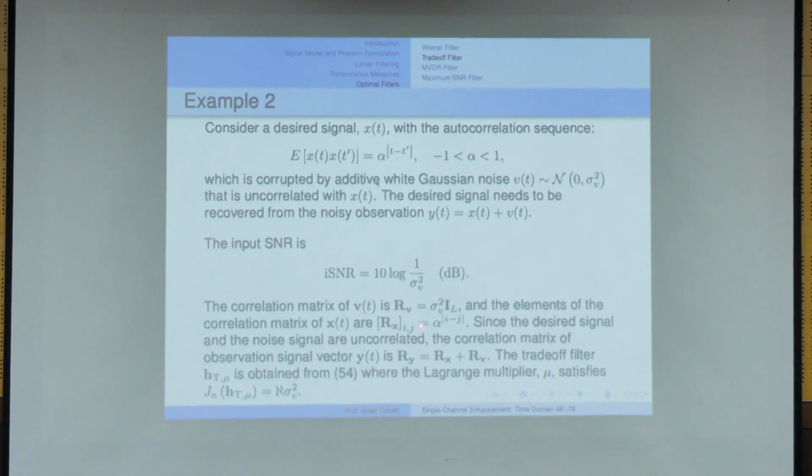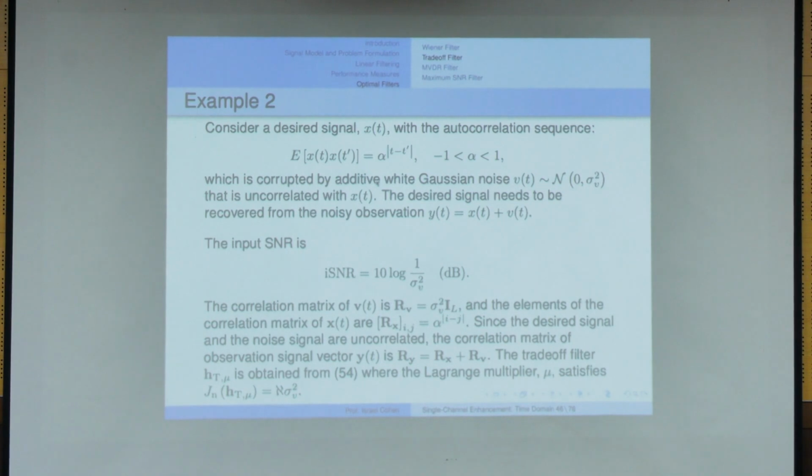And the correlation for the desired signal from this model looks like this. It's alpha to the power of the difference between samples. So along the diagonal, what will it be? Along the diagonal, it's 1, right? Because it's alpha to the power of 0.